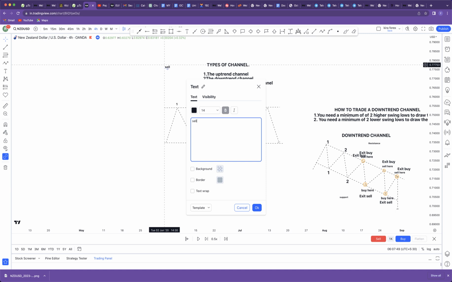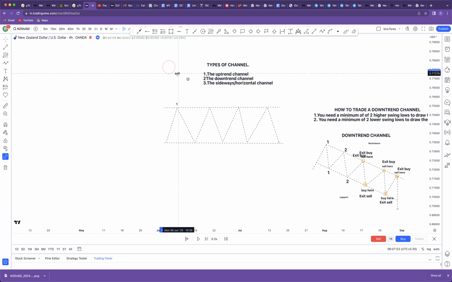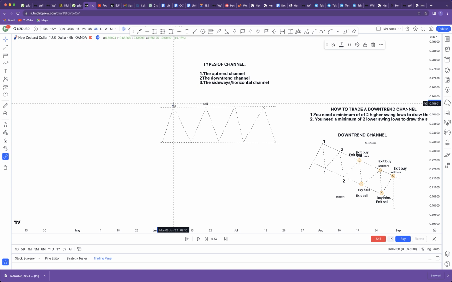Look for reversal candlesticks to buy or sell when you see such setups happening. In my previous video, when I was teaching about structure, I remember I talked about what a sideways structure is.